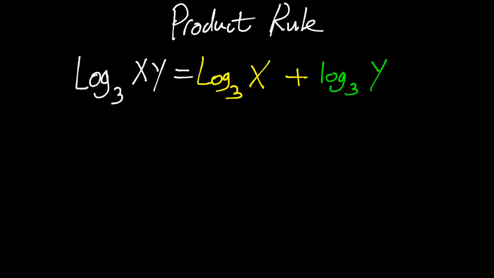All I've done is split this apart into two separate logs, and notice how they both have the same base. That is going to happen. No matter what the base is over here, when you split these apart, that base will apply to both of them. And we are adding them. I know it's called the product rule, but that's because this is where the multiplication happens. And since it's happening over here, we have to add them together.